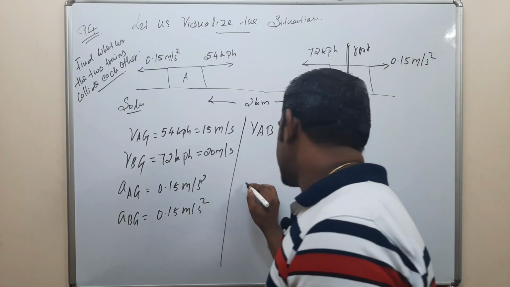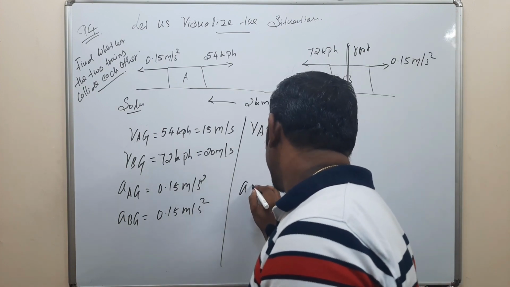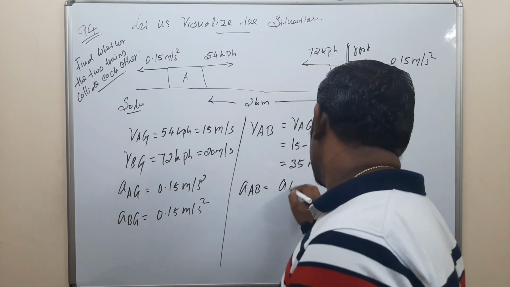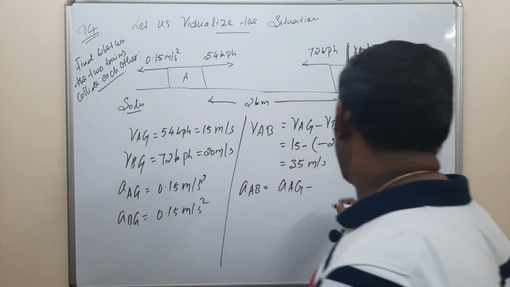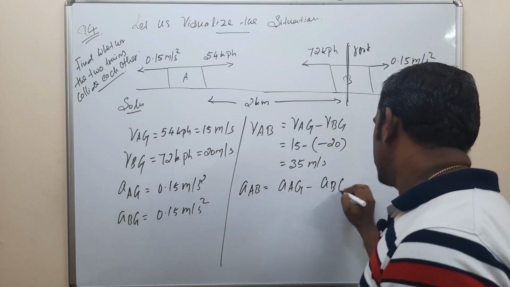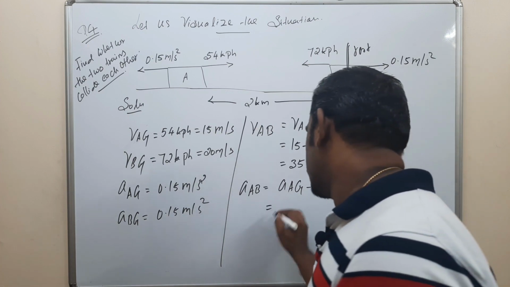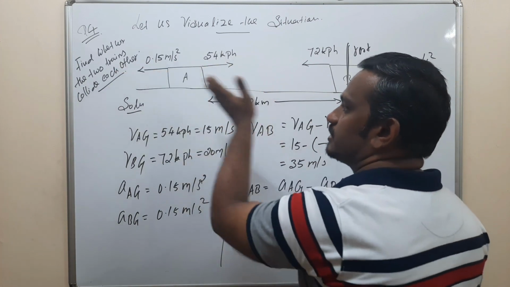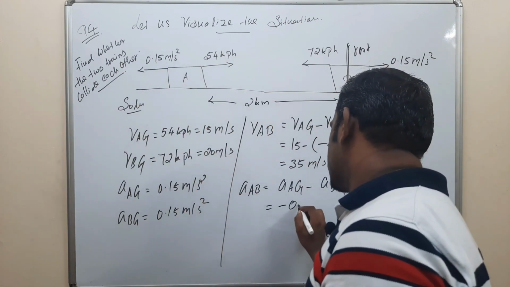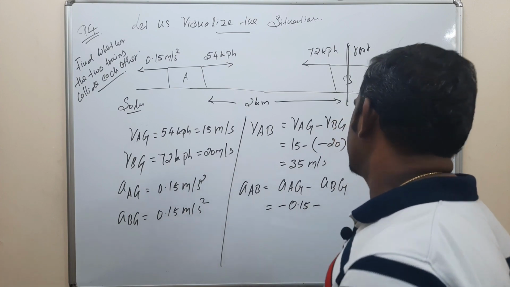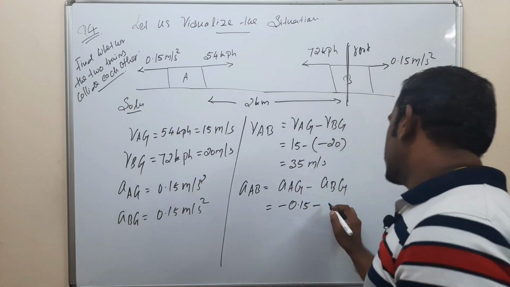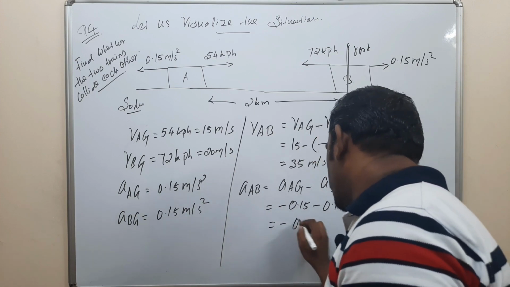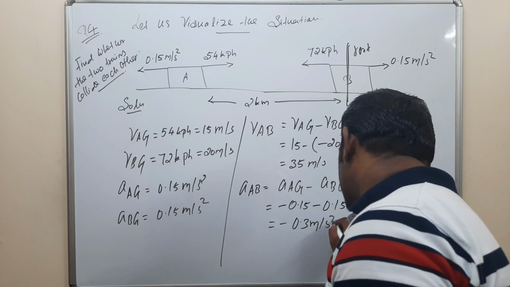Then similarly, acceleration of A as seen by B is equal to acceleration of A with respect to ground minus acceleration of B with respect to ground. So A is in the leftward direction, so minus 0.15, minus of the rightward direction 0.15, so that's equal to minus 0.3 meter per second square.